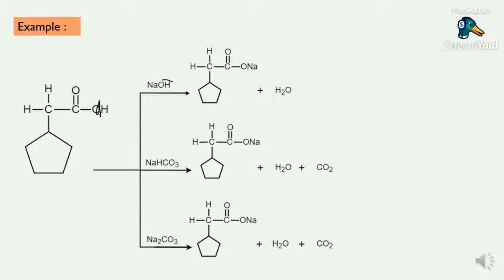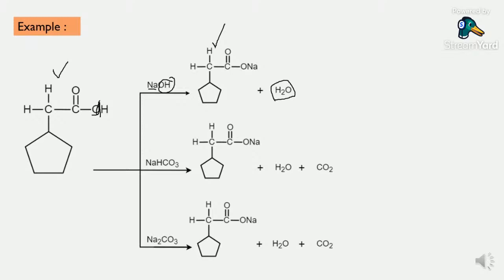When both of these combine, it will produce H2O. And then O over here will combine with Na here. And we just copy back this compound over here. And it will produce salt plus water.